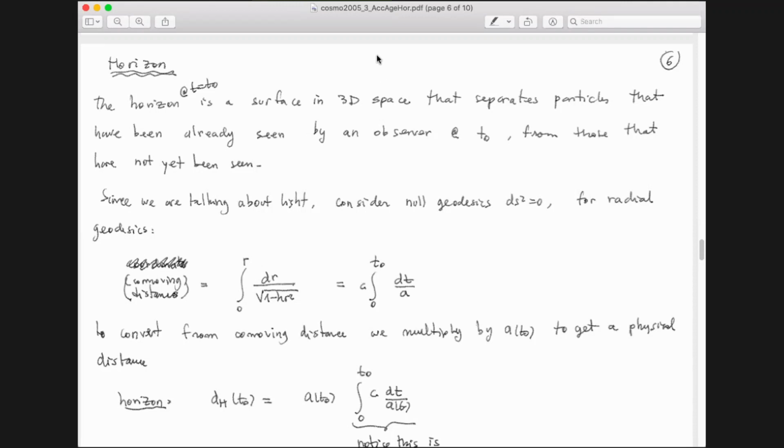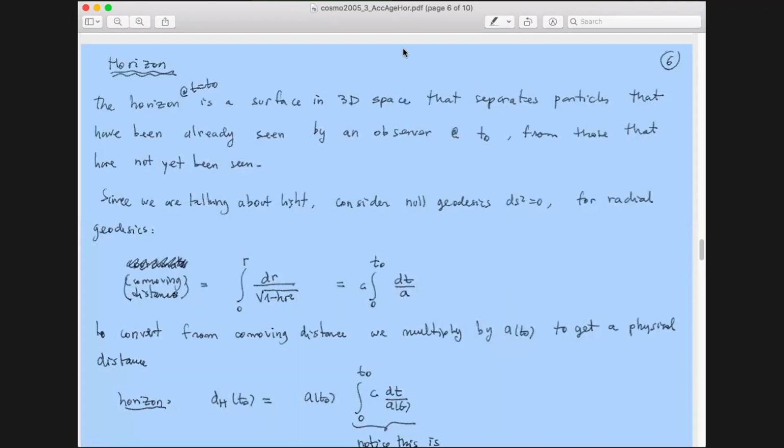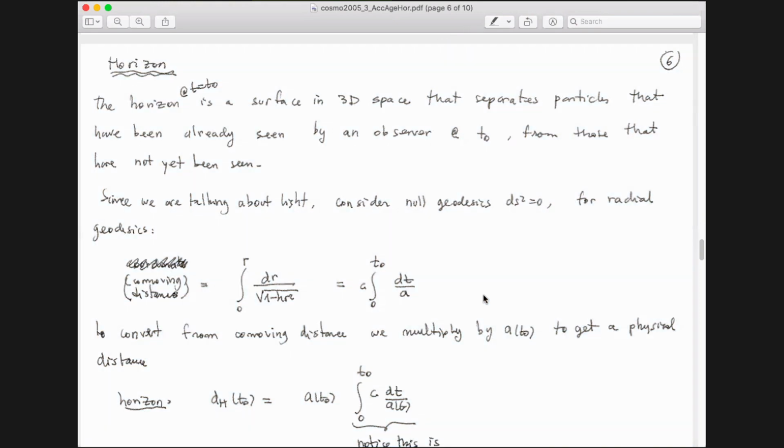As we go farther and farther, the space will expand faster and faster, and at some point you will get a velocity which is the velocity of light. If space expands faster than the velocity of light, you cannot see anything from there. That's how we naively thought of the horizon, but now it is a little bit different.